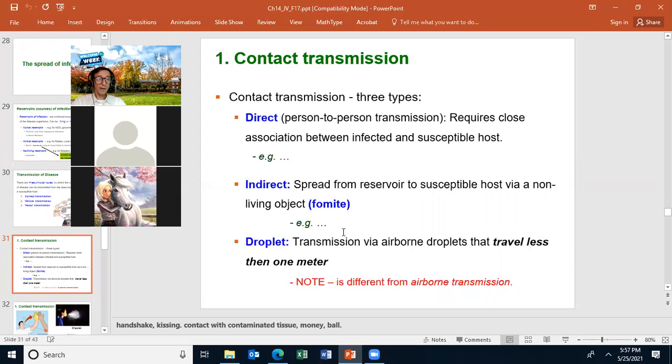So there are three types of contact transmission where disease spreads from contact. There's direct person-to-person transmission, which requires close association between an infected individual and a susceptible individual. An example of direct contact transmission would be when you pick it up from shaking somebody's hand, like when they have the flu and you shake their hand and then you pick it up.